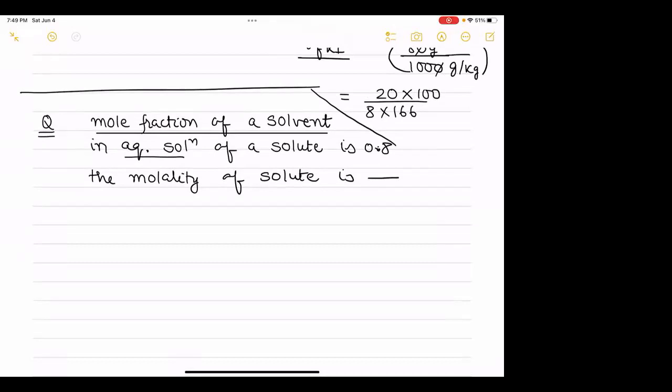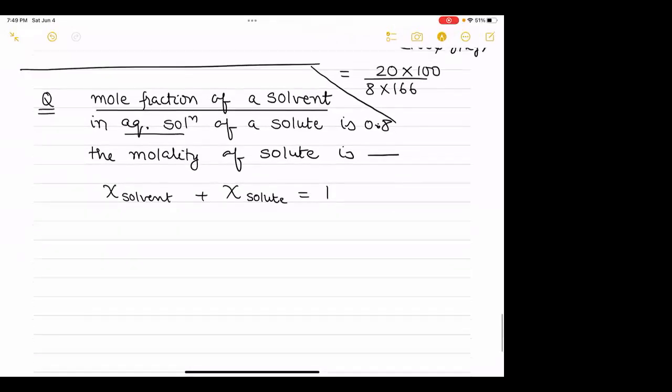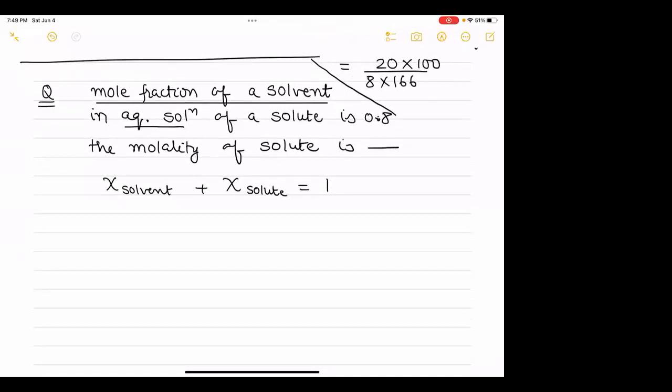Mole fraction of the solvent and mole fraction of the solute will be equal to 1. That we know, because the sum of the mole fractions will be 1. We need to work on the solute, but this is given actually, 0.8.